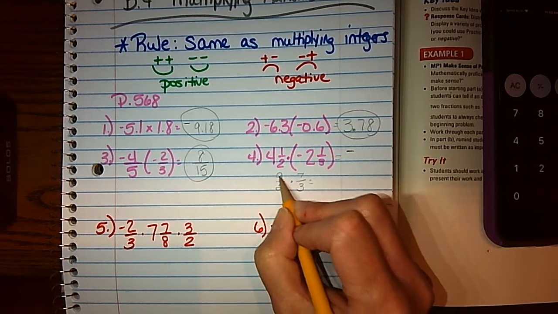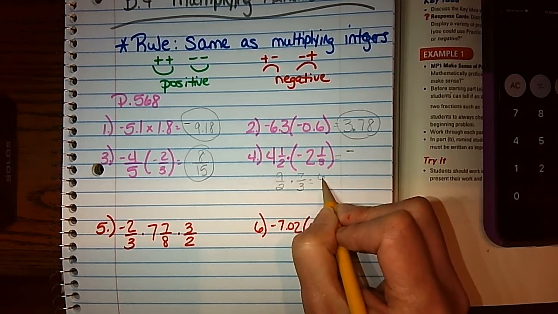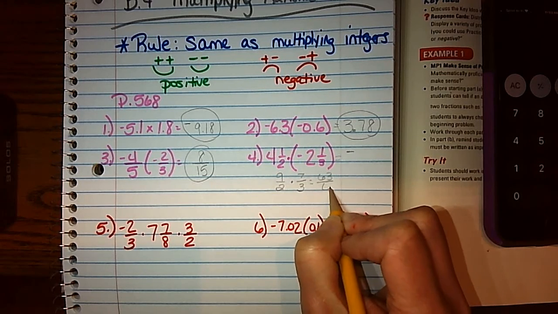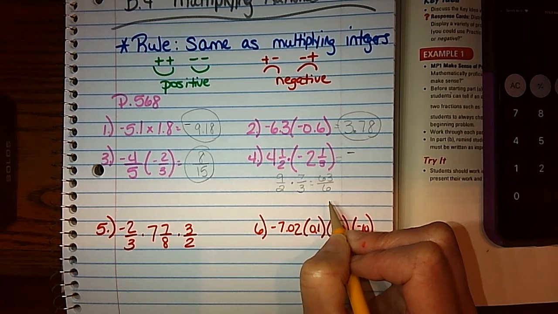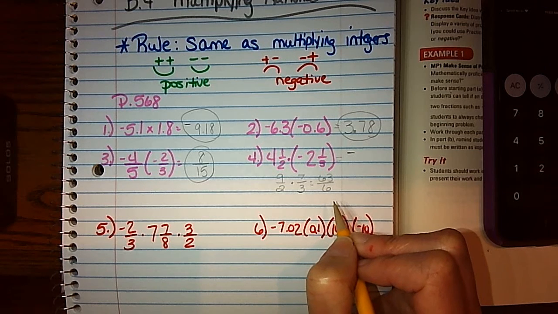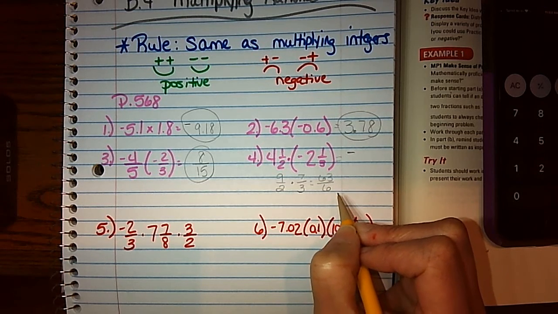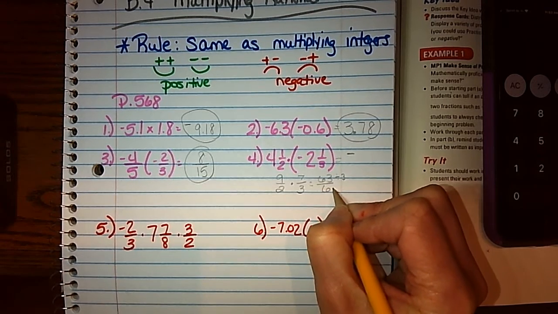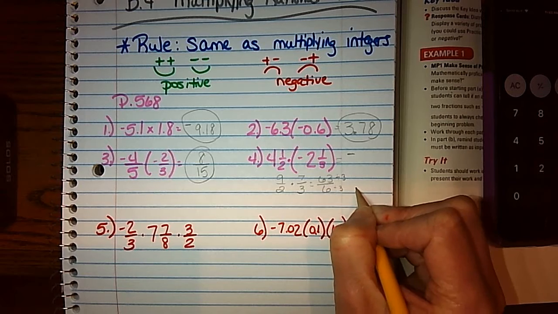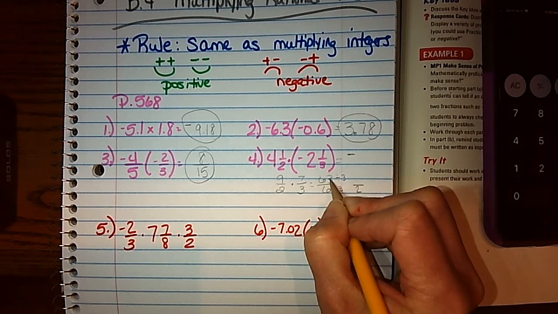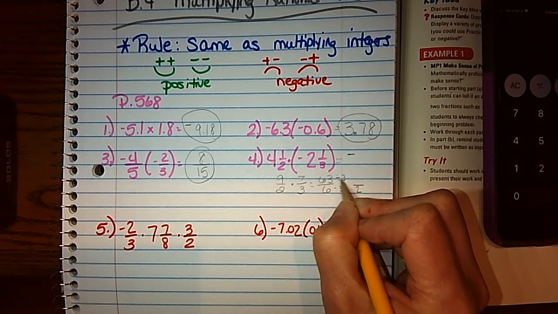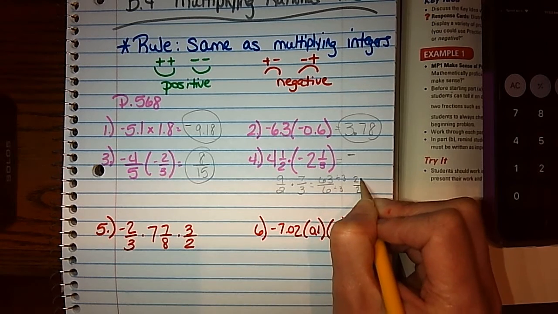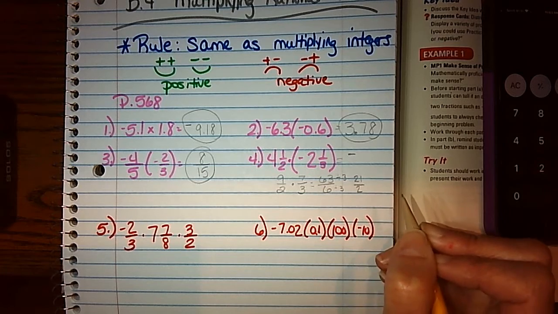Can't cross cancel anything, so 9 times 7 is 63 over 6, and I can divide both by 3. That's going to give me a 2. That's going to give me what? 3 can go into 6 2 times and 1 time.